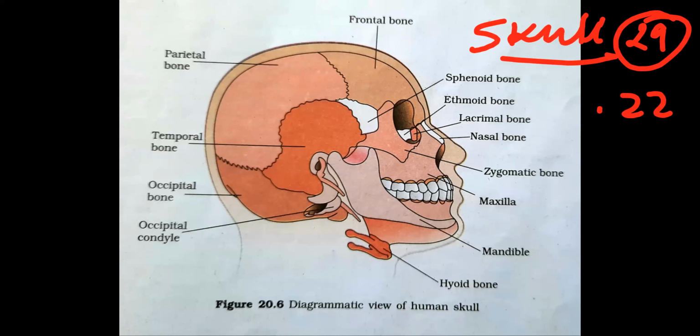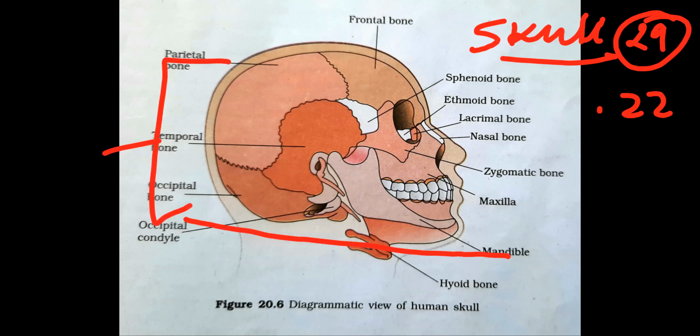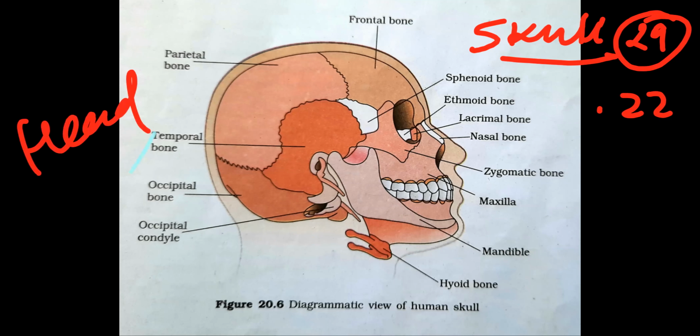Just understand the basics first. The skull is the part of the endoskeleton in the head region. So our endoskeleton in the head region is known as the skull.